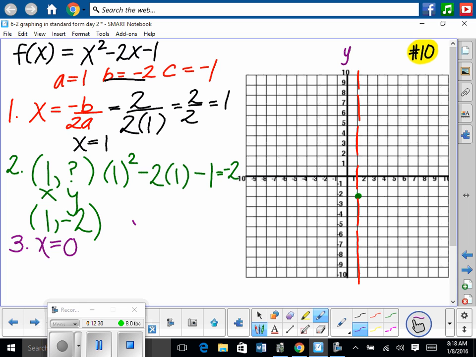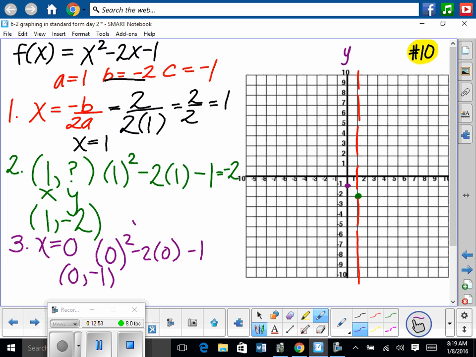We plug it in to our equation. 0 squared minus 2 times 0 minus 1. And what do we get? -1. So we have the Y-intercept at -1. So I like to write it as a point. 0 comma -1. So we go over 0, down 1. Now look, isn't it crossing the Y-axis at -1?